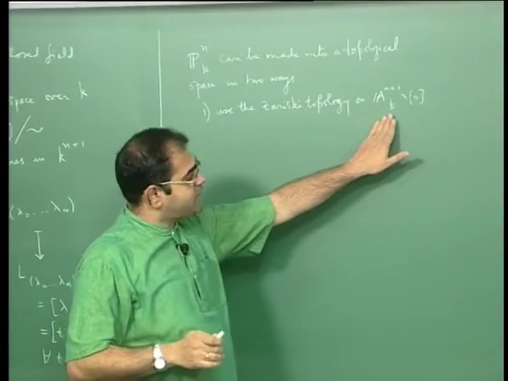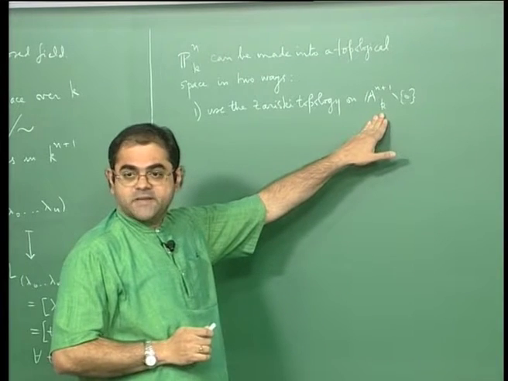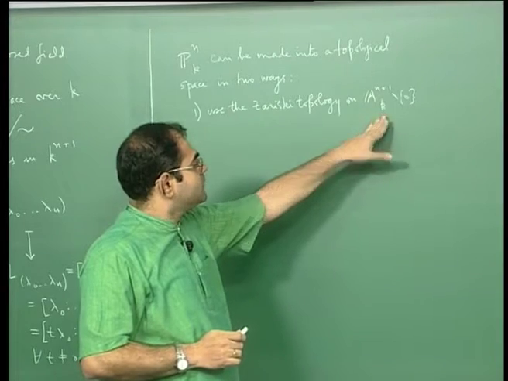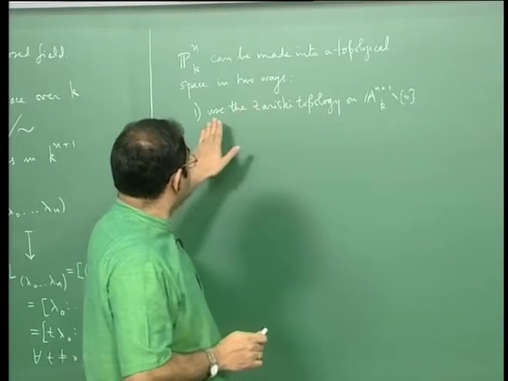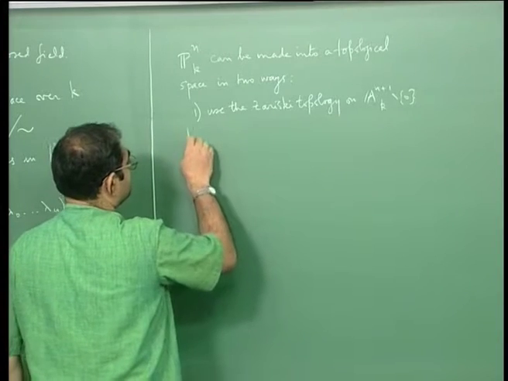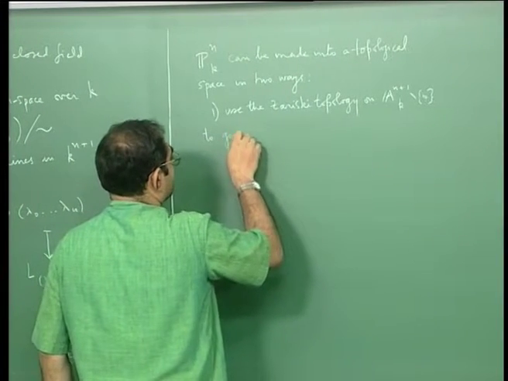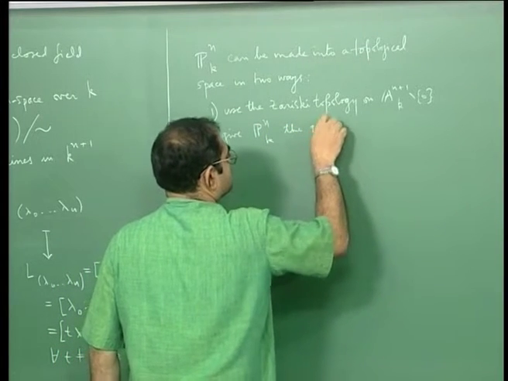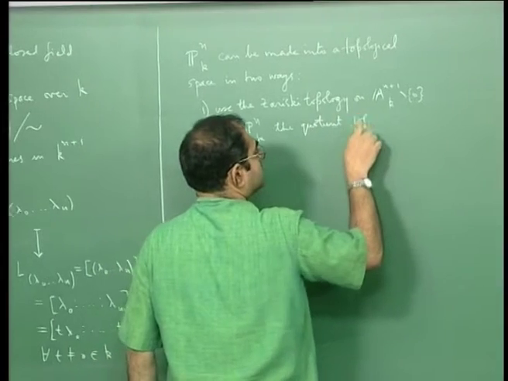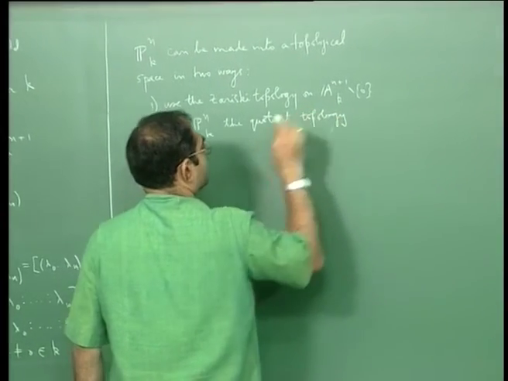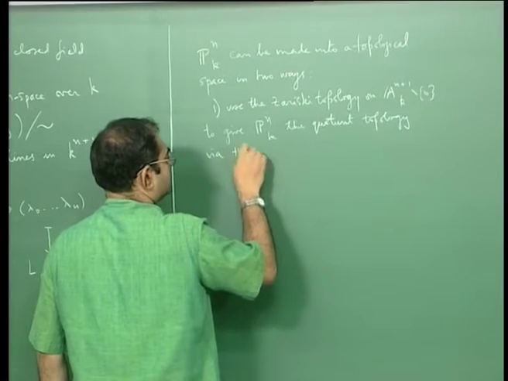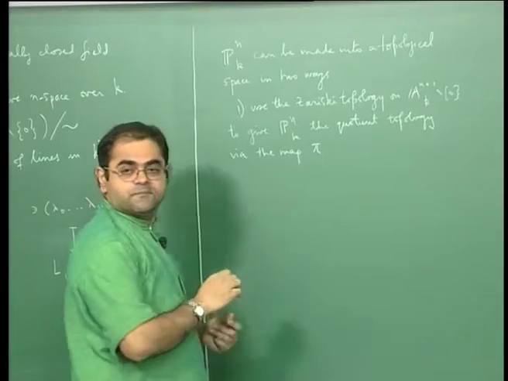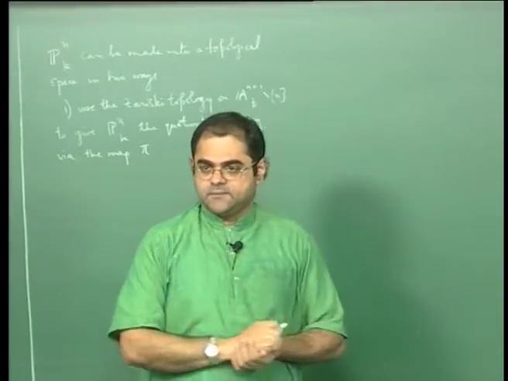So this has an induced topology from the bigger space, which is the whole affine space, okay, and so this has that topology, and you can use this Zariski topology to give the projective space the quotient topology via the map pi. You think of pi as a quotient map because it is quotient by an equivalence relation.